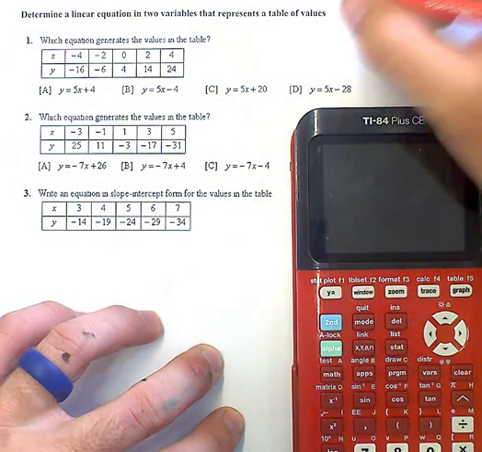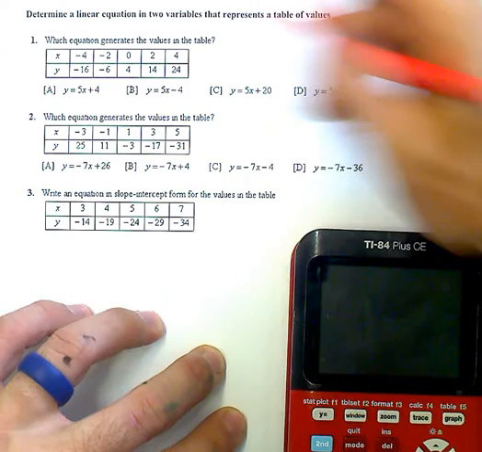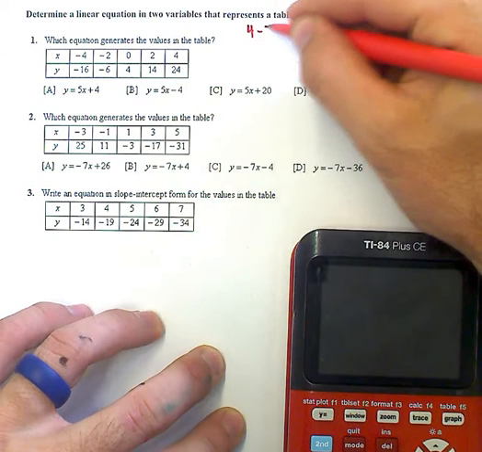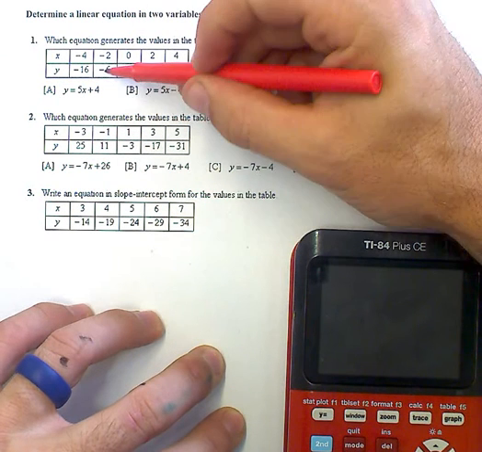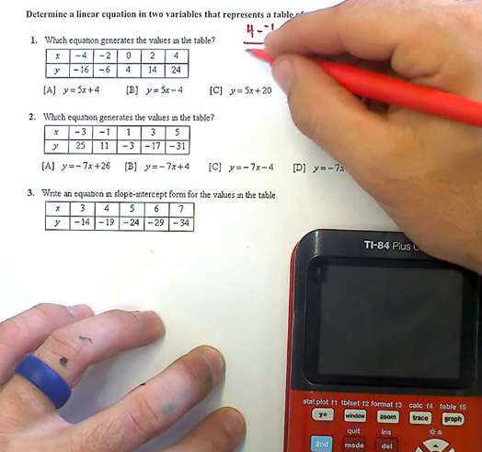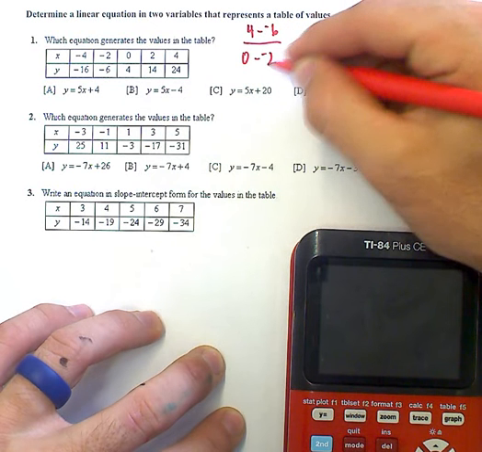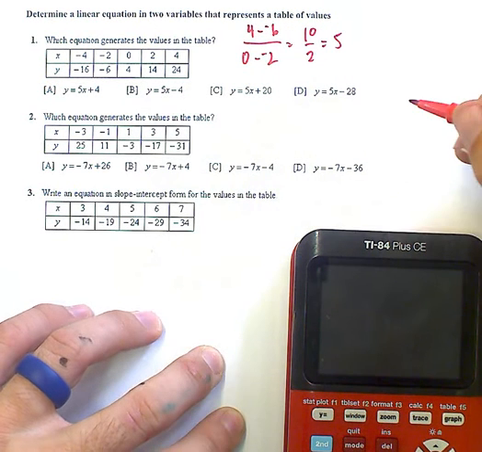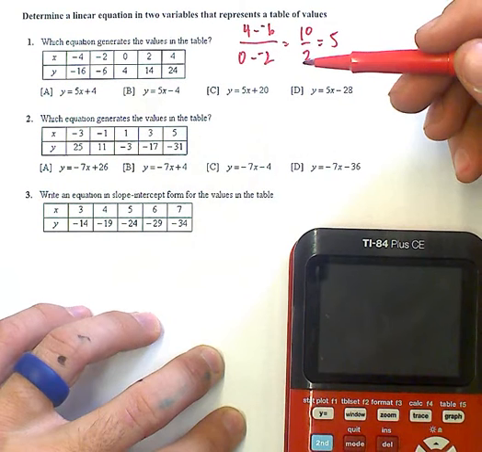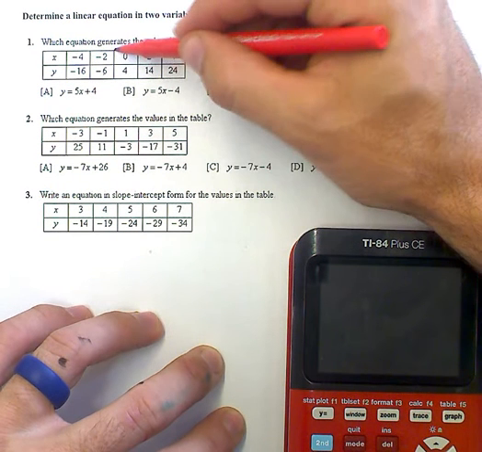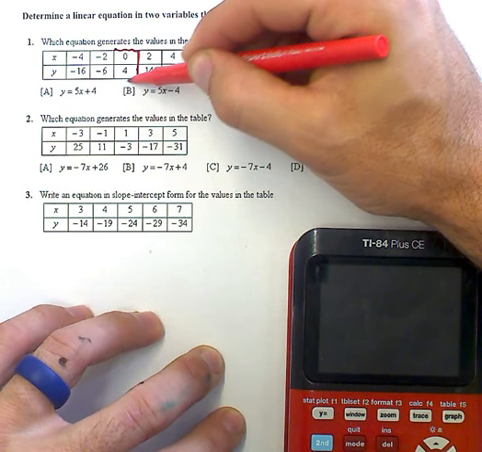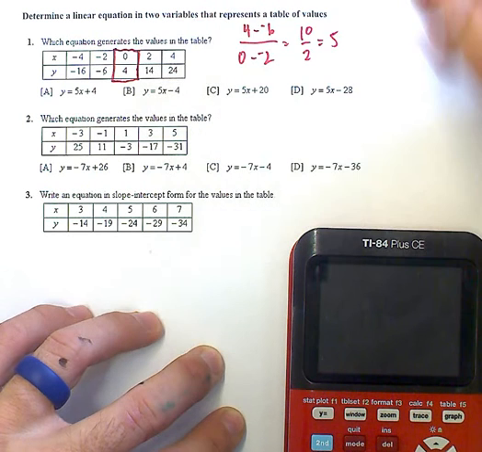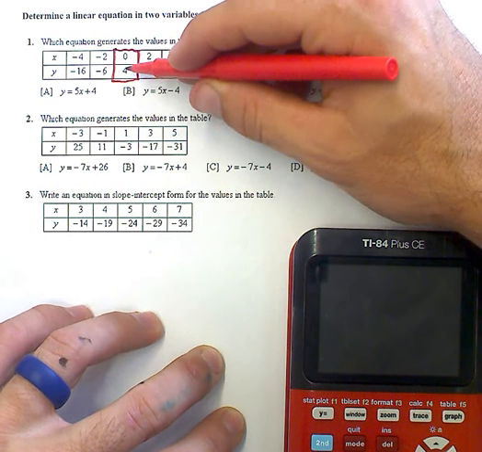Now they got that from doing your y2 minus y1 over x2 minus x1, so change in y over change in x, which is 10 over 2, which is 5, so that's okay. Now I know from a little bit of experience that I actually got lucky with this table, the fact that when x is 0, my y is 4.